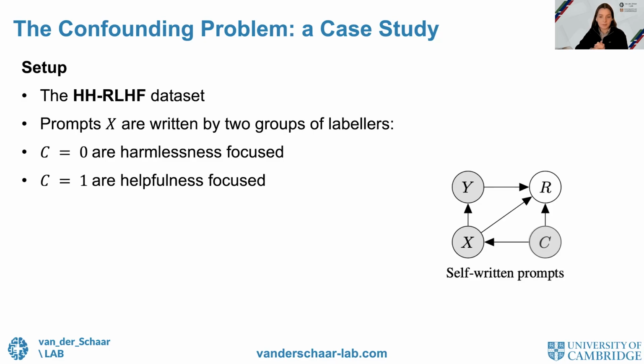And in our experiment, we want to control the degree of confounding to generate semi-synthetic data introducing counterfactuals, that is, hypothetical decisions of what would have happened if a labeler from the first group acted according to the objective of the second group. And also, it is worth noting that the original HH-RLHF dataset demonstrates a perfect confounding effect, so that the group assignment of labelers perfectly determines their objective.